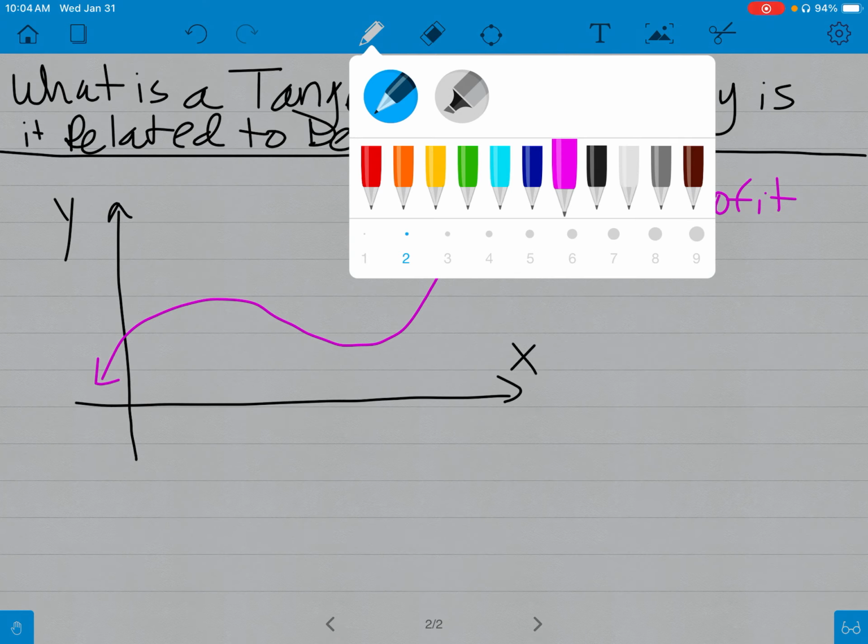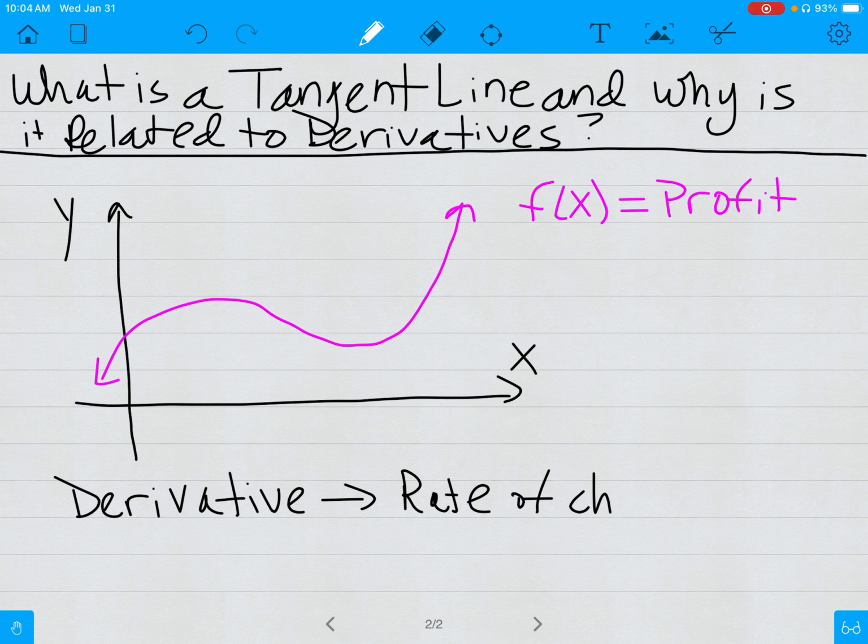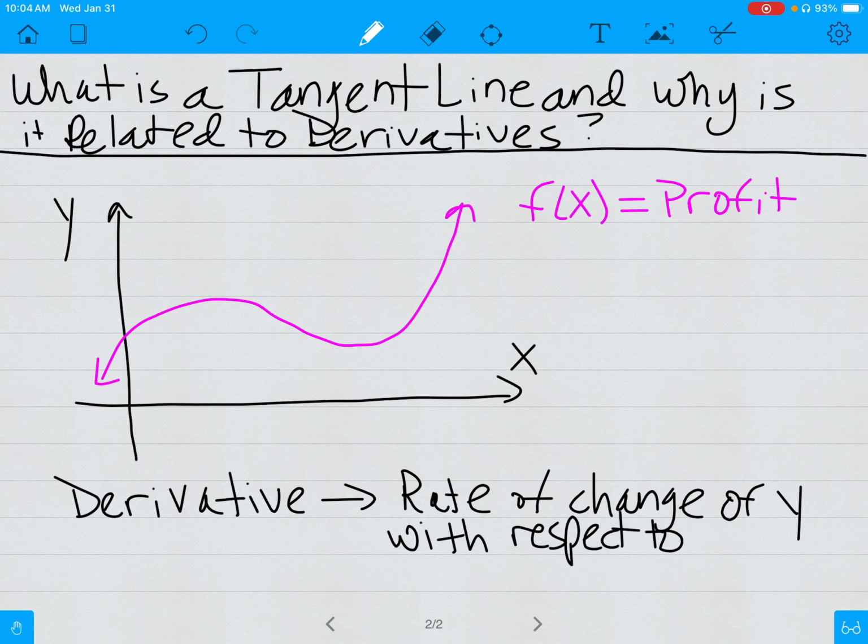And all that a derivative is, what a derivative represents, is a rate of change of y with respect to x. So how fast is your y changing when your x changes?